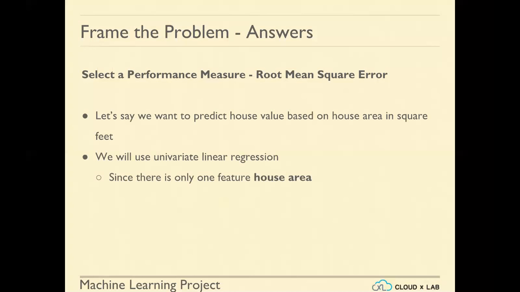Let's say we are only using one feature called housing area. So house area here would be considered a feature. Had we been predicting on multiple values, then we would call those multiple values the features. So the input data's attributes are called features.